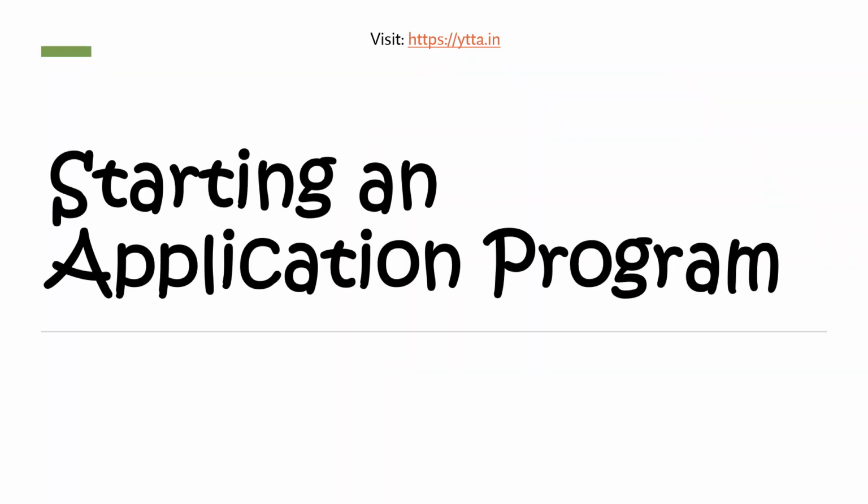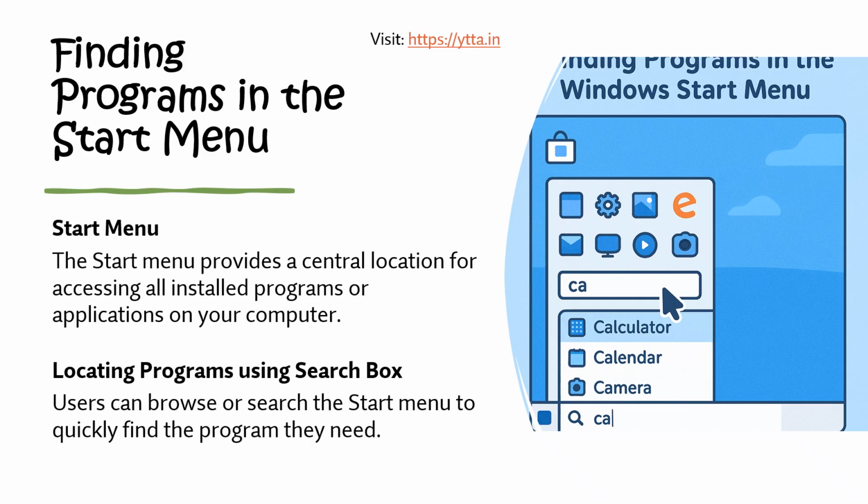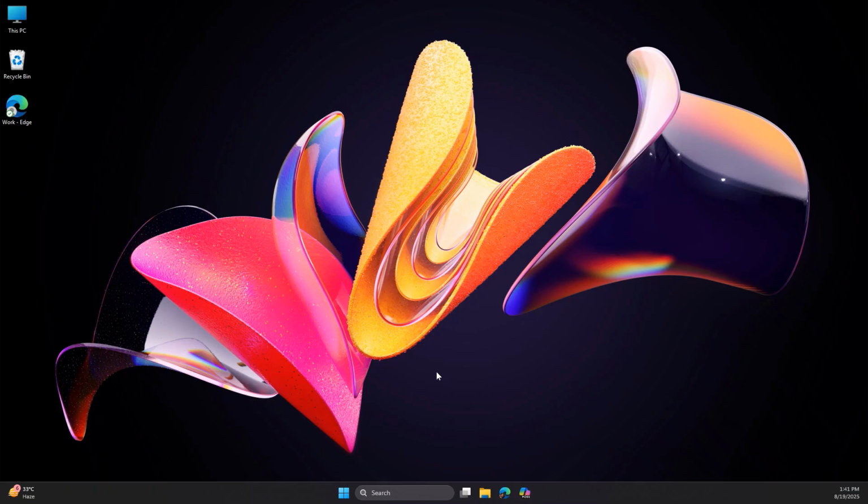Now we will see how to find programs, open them by double clicking and switch between running programs easily. The Start menu shows a list of programs on your computer. You can click to find and open the program you want to see. Let's say I want to open the Notepad application.